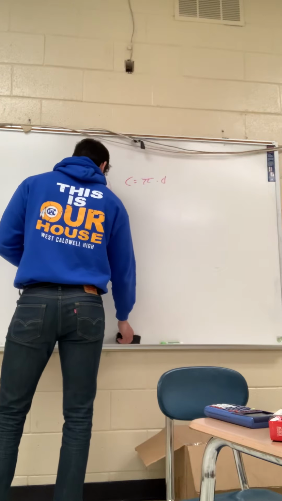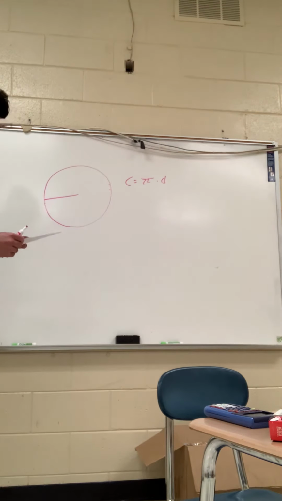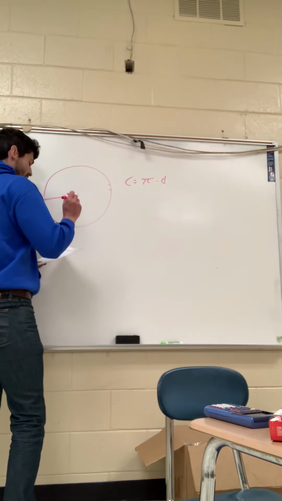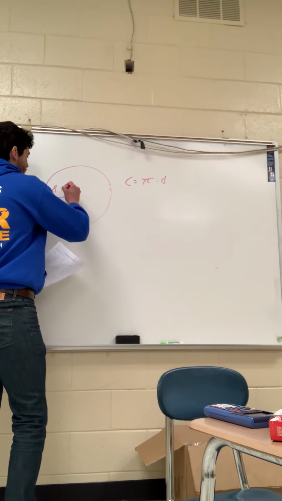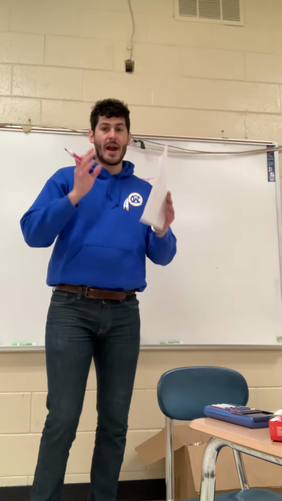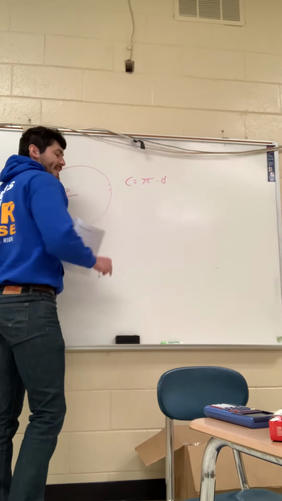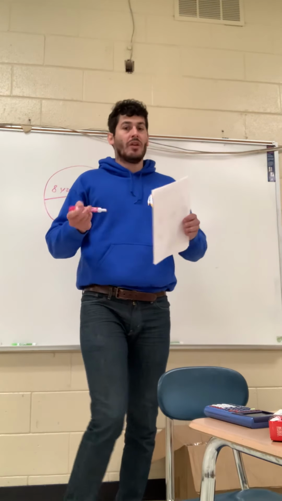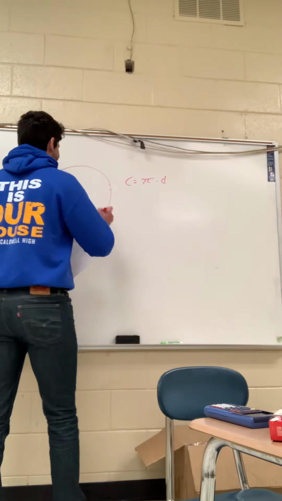Let's do one more. For this one, we have a radius of 8 yards. So again, if the radius is 8, my diameter will be exactly twice as much. So 8 times 2, that is 16.